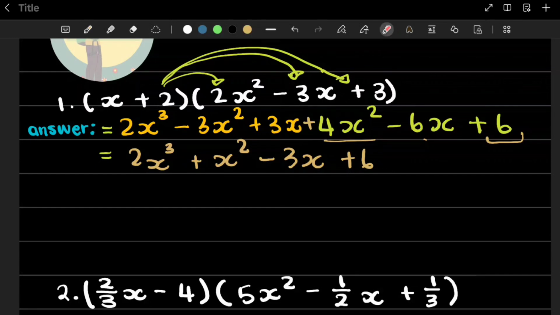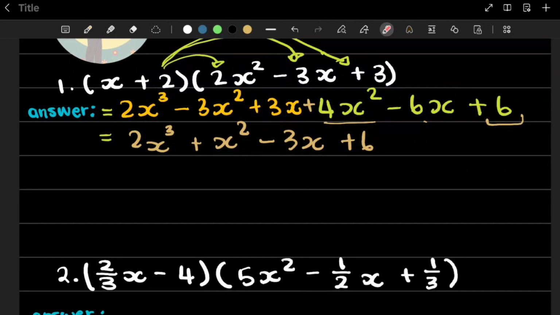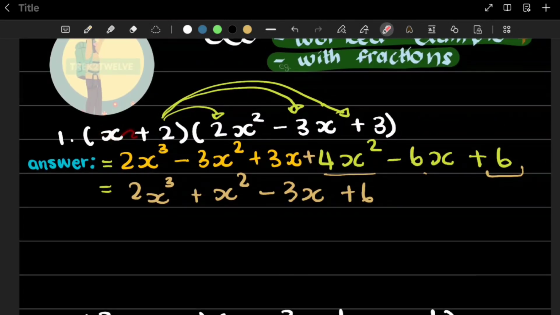And that's how you do it. We're done with the first one. It's very simple. It's just first term multiplies with everything in the second bracket, second term multiplies with everything in the second bracket until you're done with it, until you've got all your like terms added and subtracted.